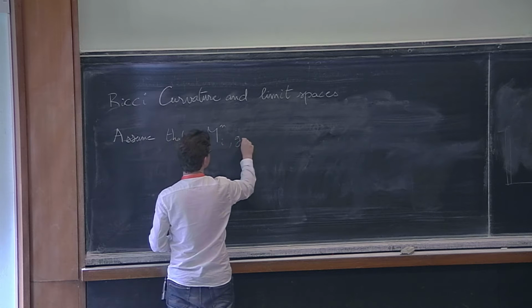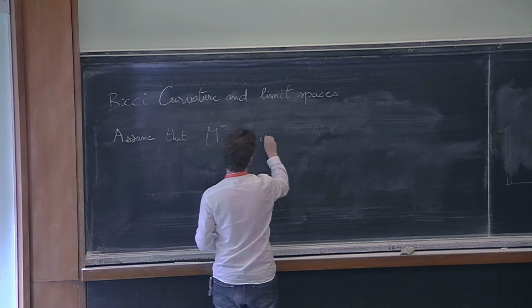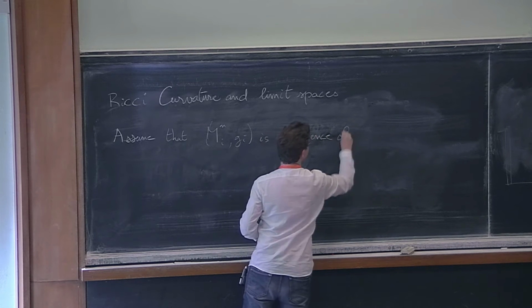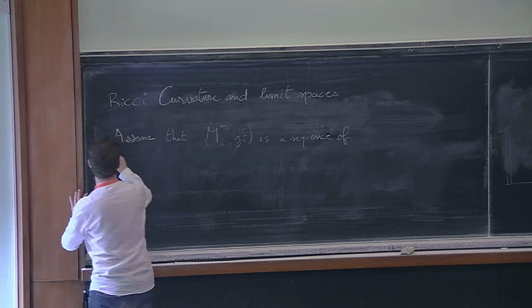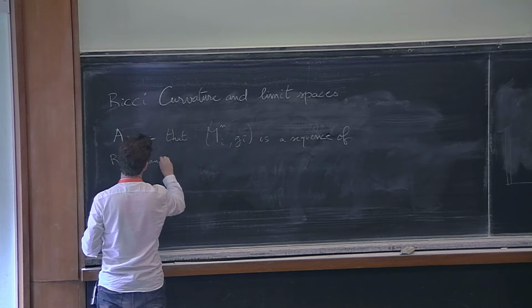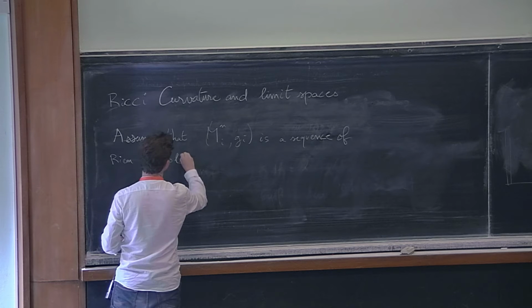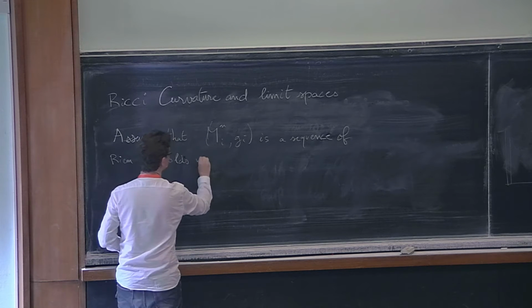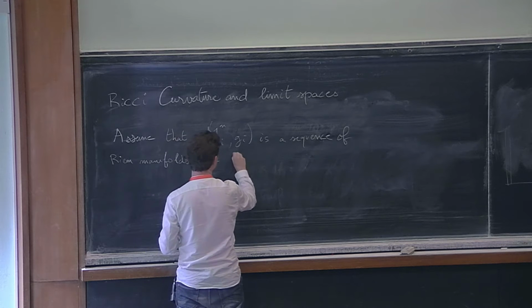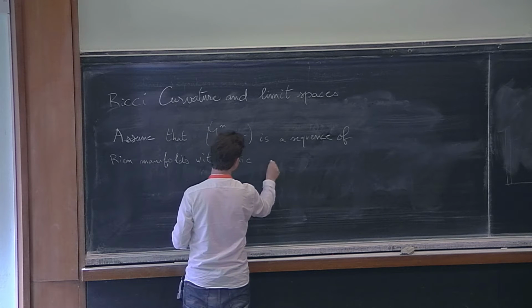M_i, g_i is a sequence of Riemannian manifolds with Ricci curvature bounded from below.